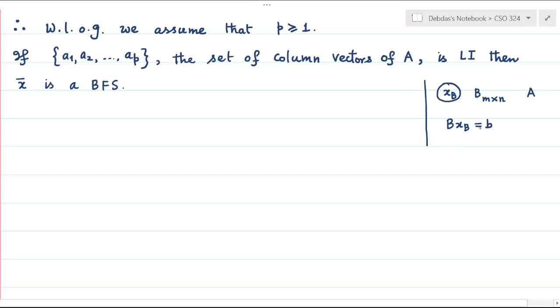This is how we construct a basic feasible solution, right? How do we get a basic feasible solution? From the given matrix capital A, you choose one m by m non-singular submatrix capital B, and then you solve this equation B xb equals b, and you get a basic feasible solution.